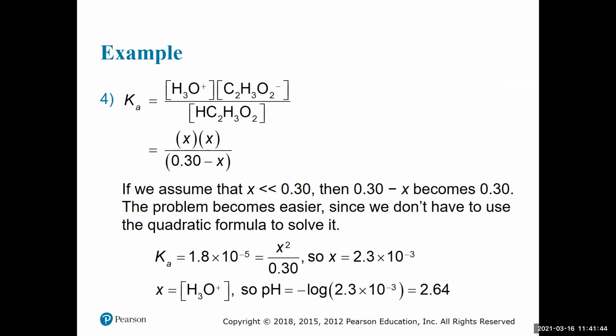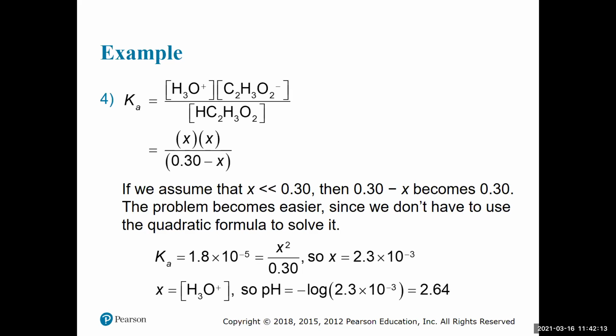If this was before spring break, we'd be getting a few extra pieces of paper out, because we're going to break out the quadratic equation and start doing some algebra. But because this is a weak acid, remember we talked a little earlier about looking at that acid table, and acetic acid was one of the weak acids. What that tells us is that it probably doesn't dissociate a lot.